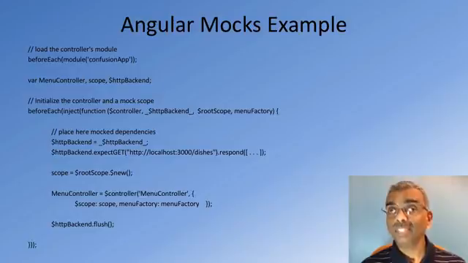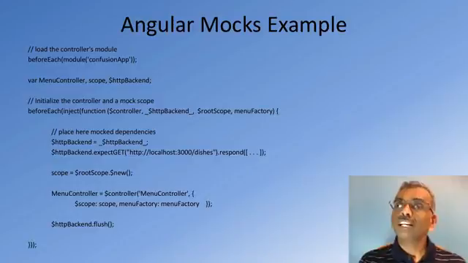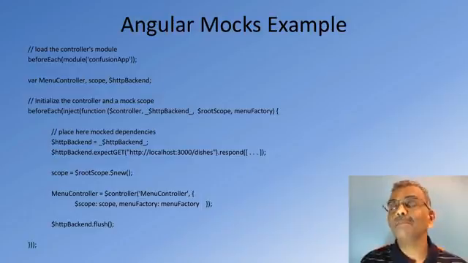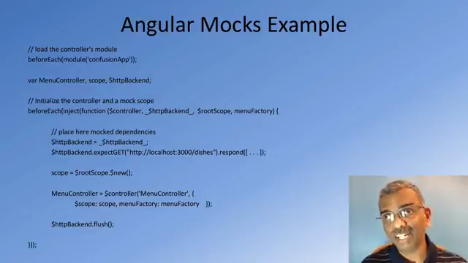Inside the respond method, you can supply your JavaScript object array that is going to be returned when this call is issued. So when your controller issues a call to the menuFactory service, that service issues a call to the backend, and that will be mocked by this $httpBackend that we have implemented here. And this will return some mock data back to your controller through the menuFactory.